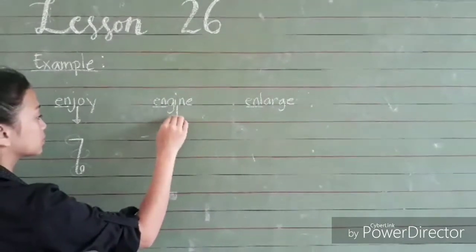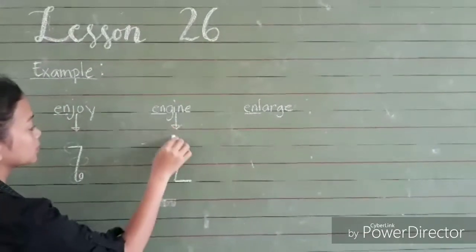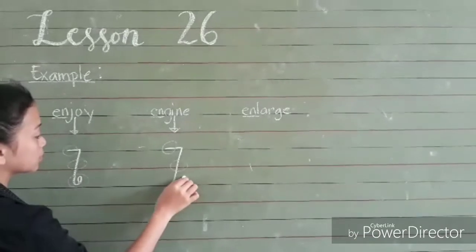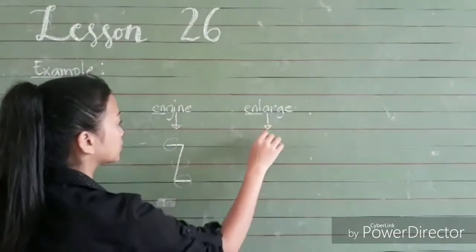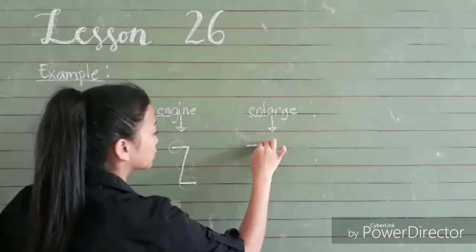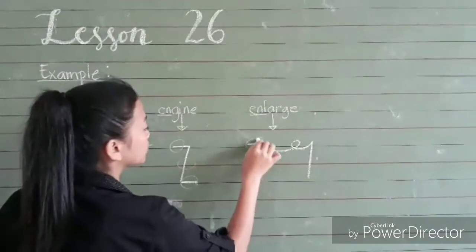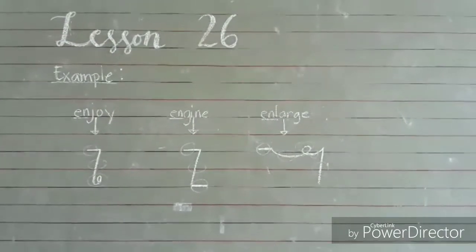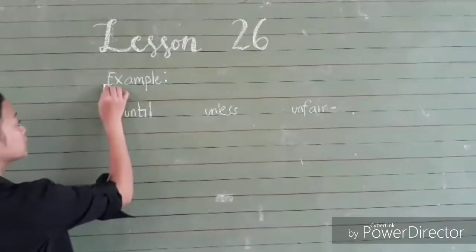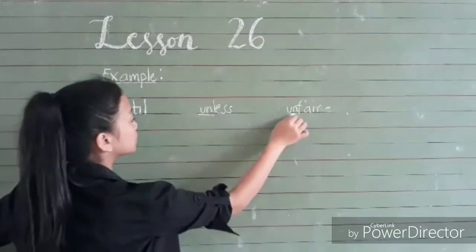For engine, it is written as, wherein N, J, and N. And for enlarge, it is written as, it is represented by N, L, A, R, and J. So the next example is the word beginning with an, which is until, unless, and unfair.